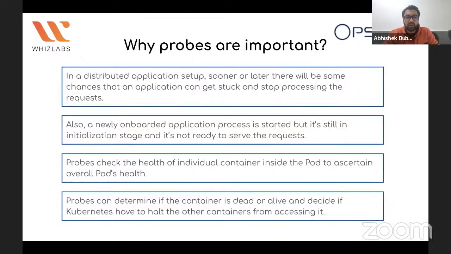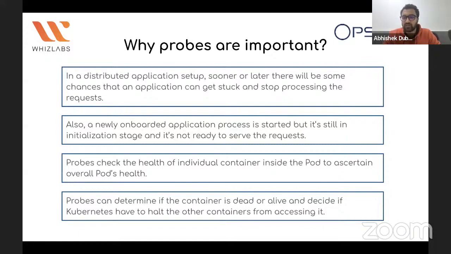Now, here are some pointers which we have created for the importance of probes. In a distributed application setup, when we talk about the microservice era, there are a lot of applications. In those lots of applications, there will be some chances that an application is dependent on some other application. And if that dependent application is not working, your main application will not work. In that case, you cannot go and debug each kind of application.